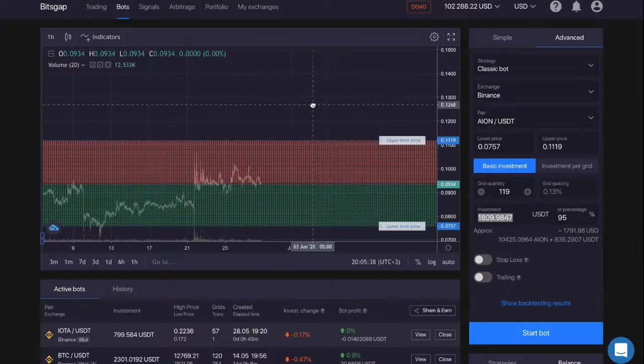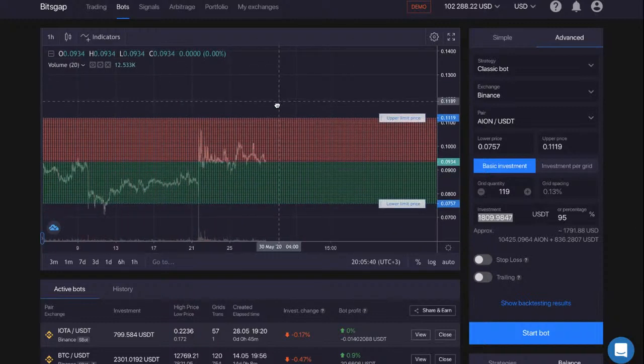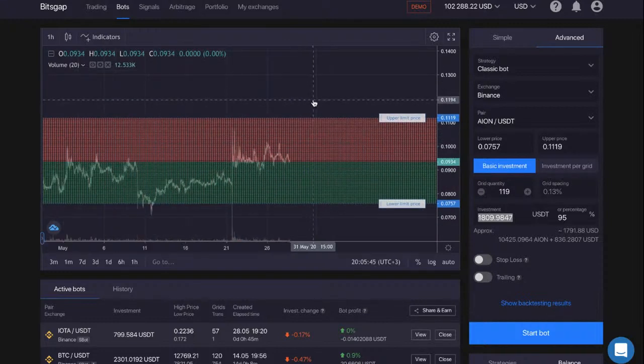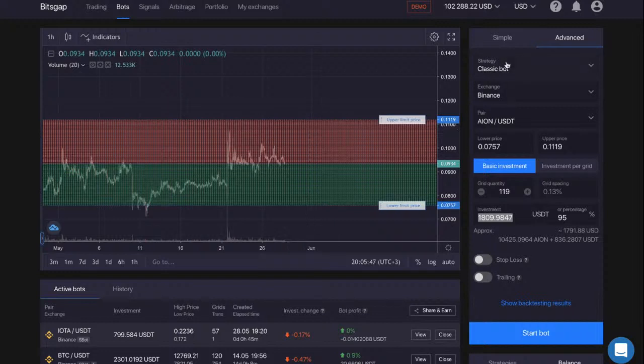But at the same time, let's say if the price goes downwards, in this case you would have higher losses. All right, so that's something you have to keep in mind when using the classic bot.